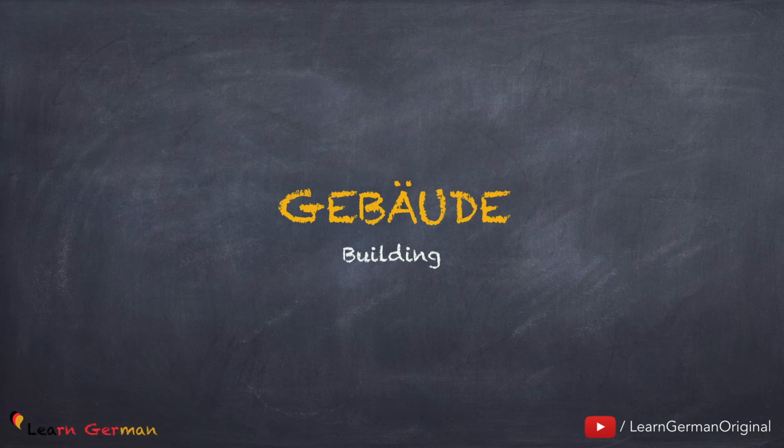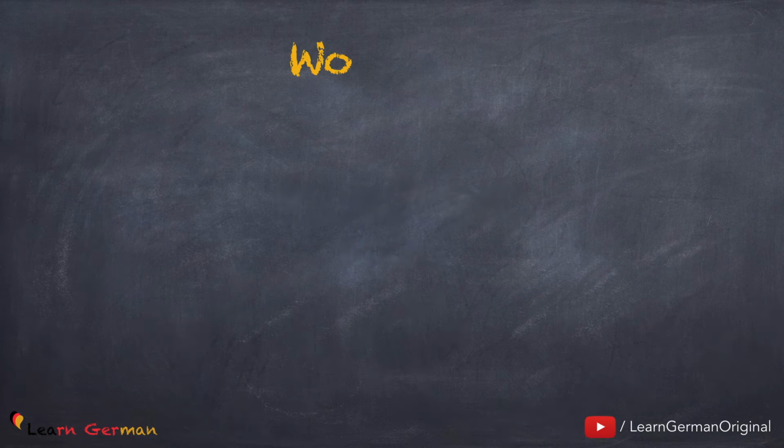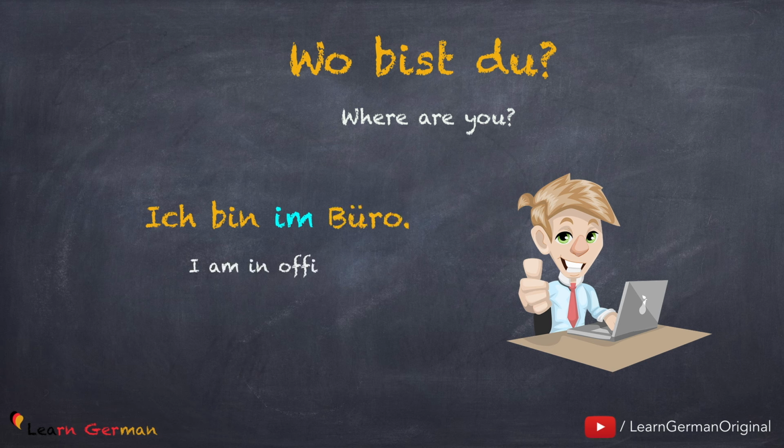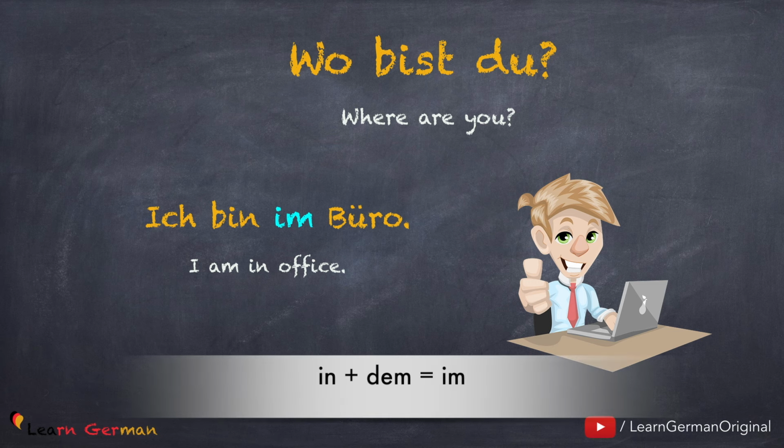Let's do a few examples. Wo bist du? Ich bin im Büro. We just learned that in plus dem becomes im.